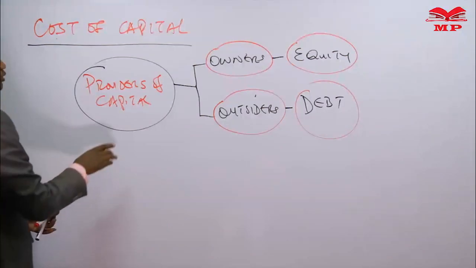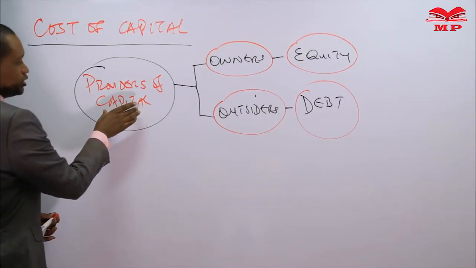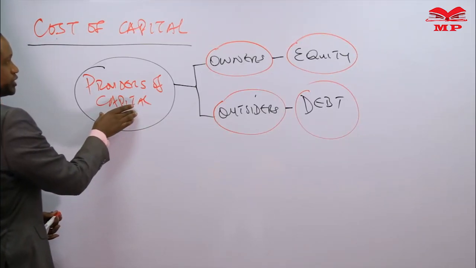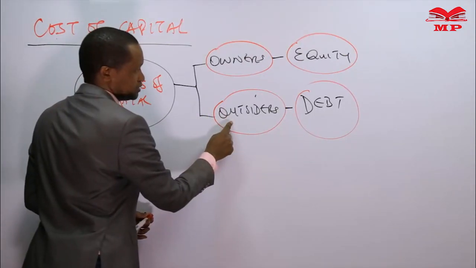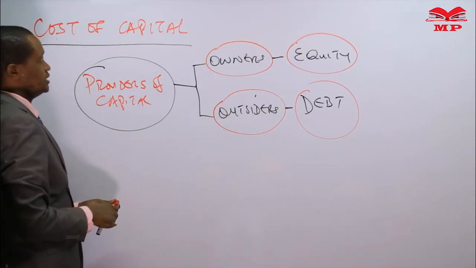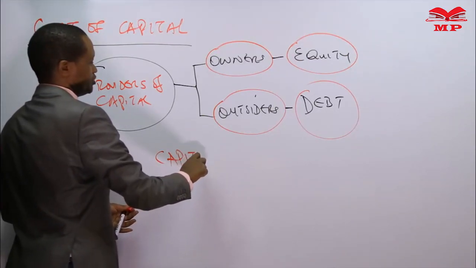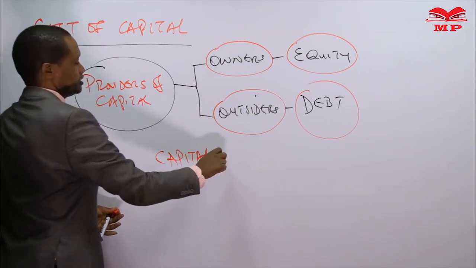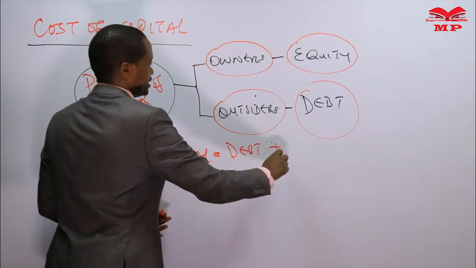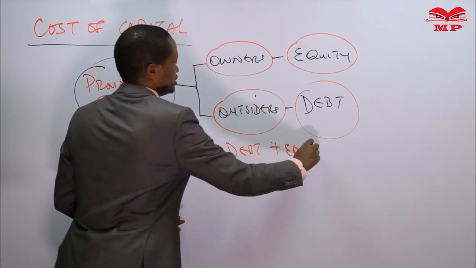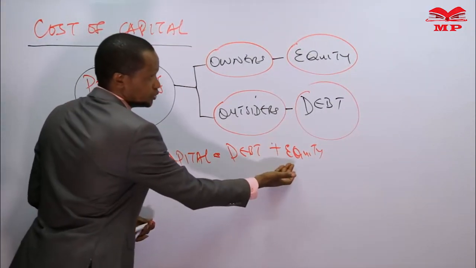So the providers of capital, I'm repeating, can be looked at from two perspectives, from the perspective of the owners or the perspective of the outsiders. That is very important. So capital will comprise debt plus equity. So total capital will be equal to debt and equity.